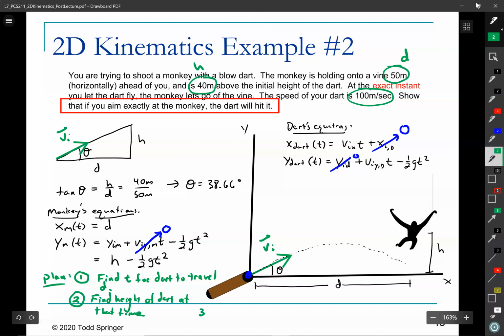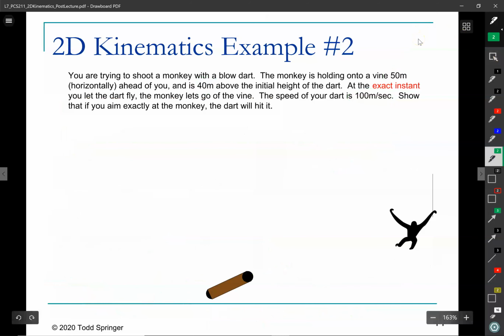And finally, I'm going to find the height of the monkey at that time. Okay, so let's do that. Go to a clean slide. All right, so step 1.